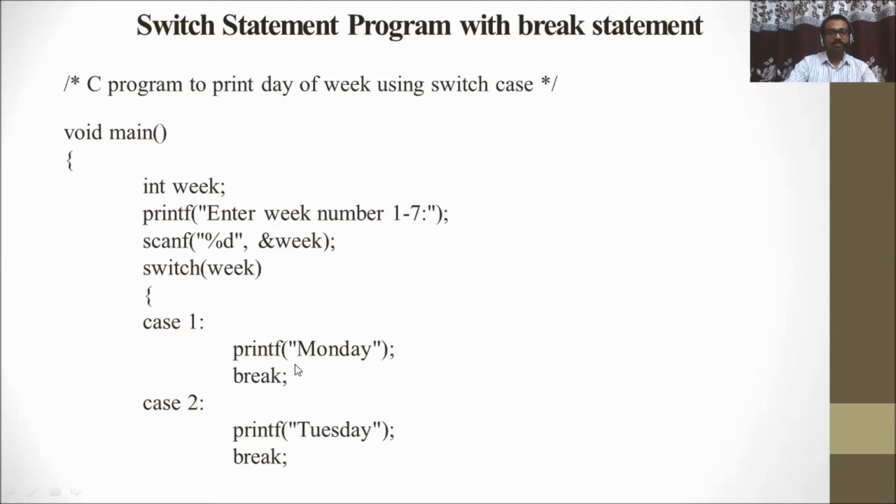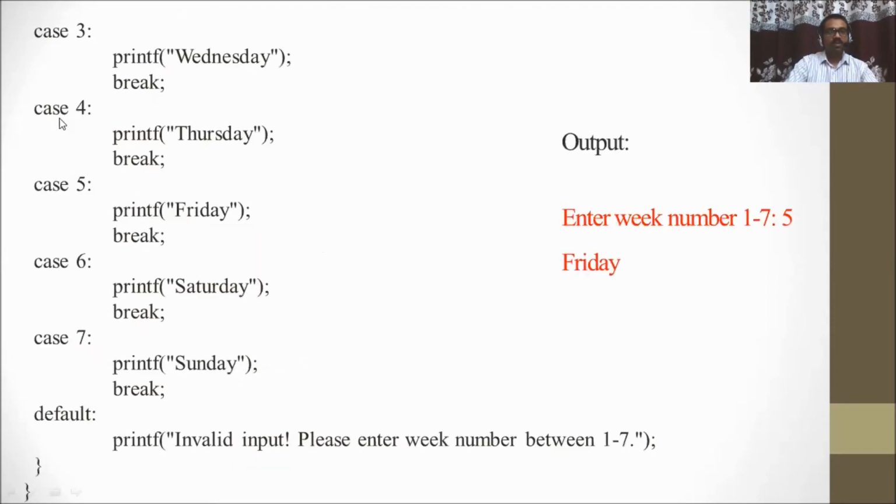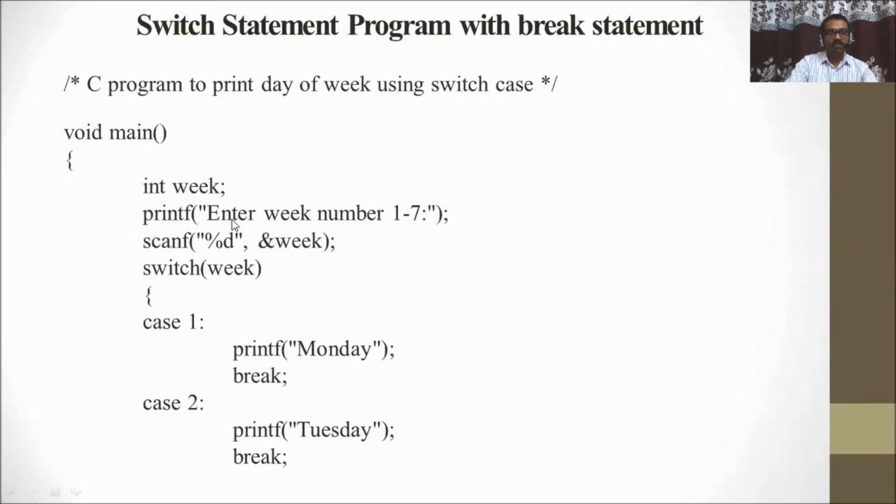Here it prints Thursday and then break. In this program we use break in each case. Now we see the output. Suppose we enter the week number, 1 to 7, and here we enter 5. The message asks us to enter a value from 1 to 7, and 5 is stored in the week variable.